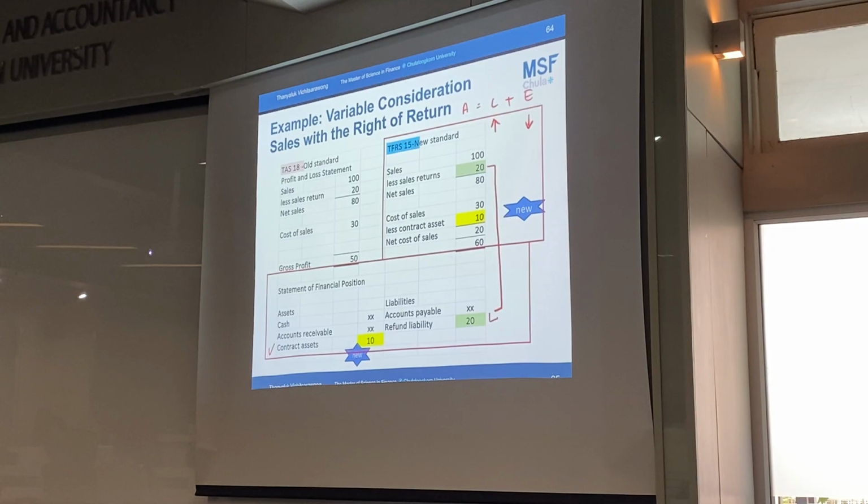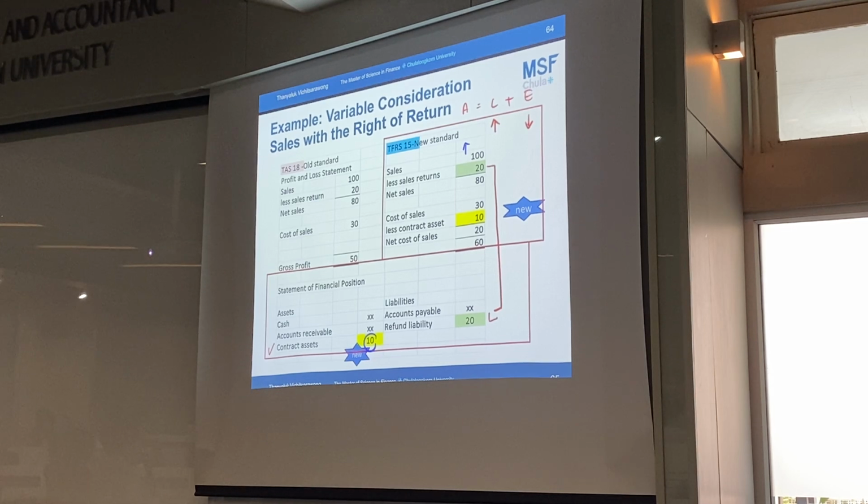Another thing is you have the contract asset. This is the cost of the refund item because it's not refunded yet, right? So you're going to show this as the amount of contract asset. You have the contract asset on this one, and it will reduce your cost of sale, right?